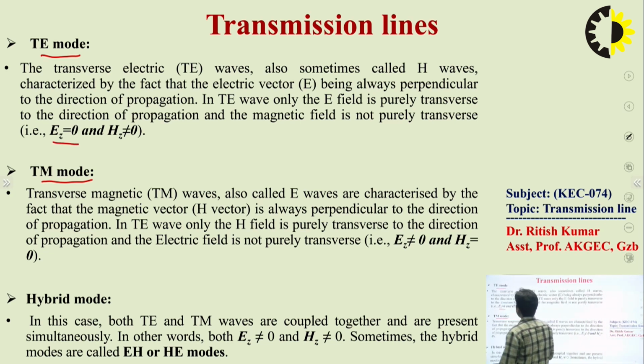So by definition, for TE mode, Ez should be equal to 0, while Hz is not equal to 0. In the case of TM mode, transverse magnetic mode, as the name suggests, if the propagation is occurring towards the positive z direction, then the transverse components, that is x and y, will be present for the magnetic field.